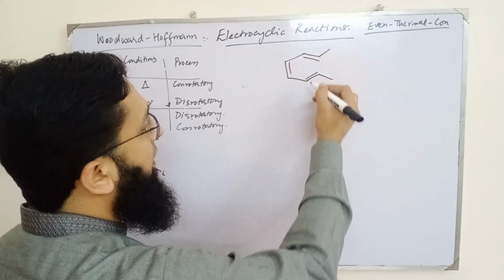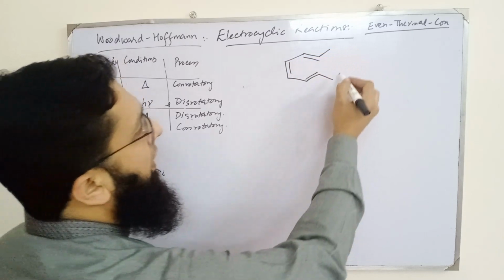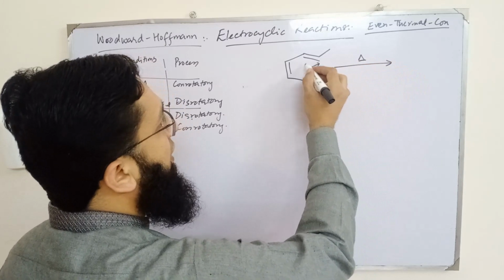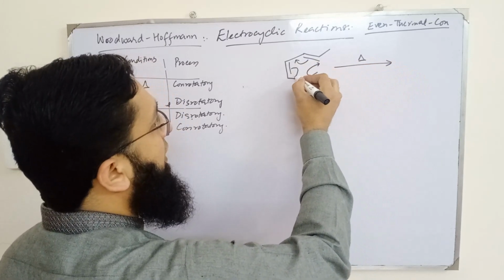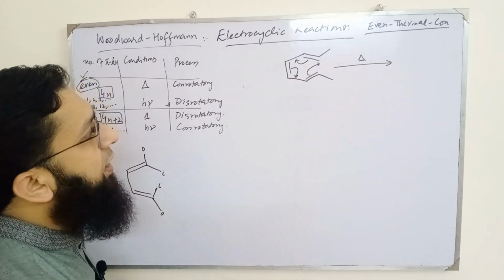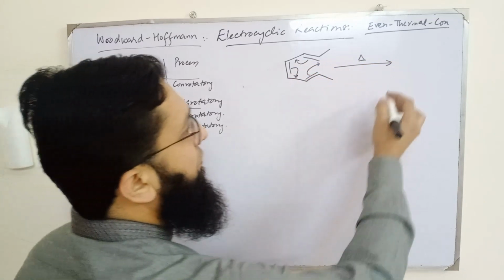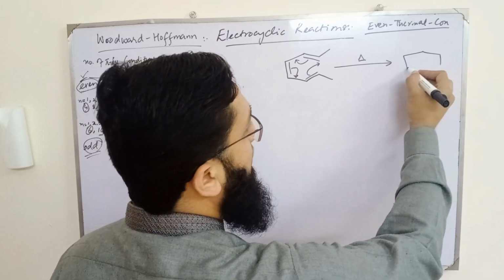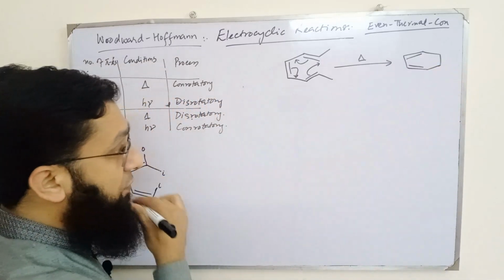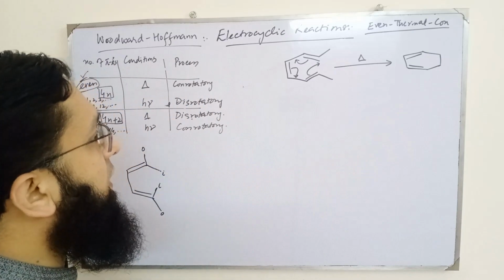For example, if we have a molecule like this and this undergoes ring closing under thermal conditions, and for the ring closing reaction we have 6 pi electrons, meaning 3 electron pushing arrows are required for this reaction, and we will get cyclohexadiene as product.